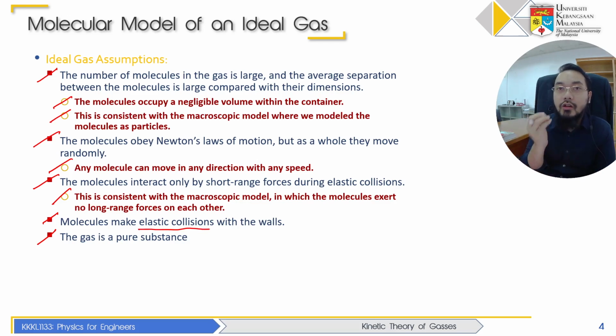So there's no loss of kinetic energy to other forms of energy. So kinetic energy is conserved throughout the system. Those are the 5 ideal gas assumptions that you should know and understand.